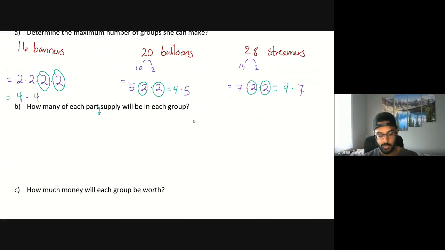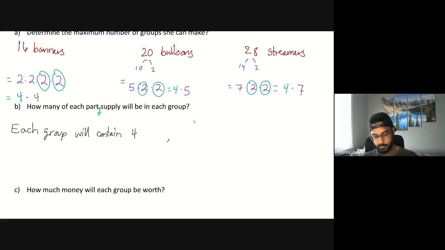So for each group then, if we were to actually write that out, each group will contain 4 balloons. Sorry, that should say banners, not balloons.